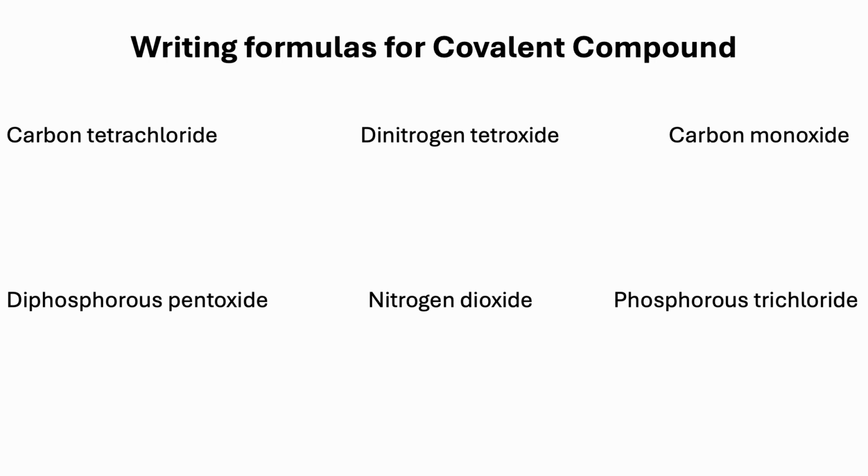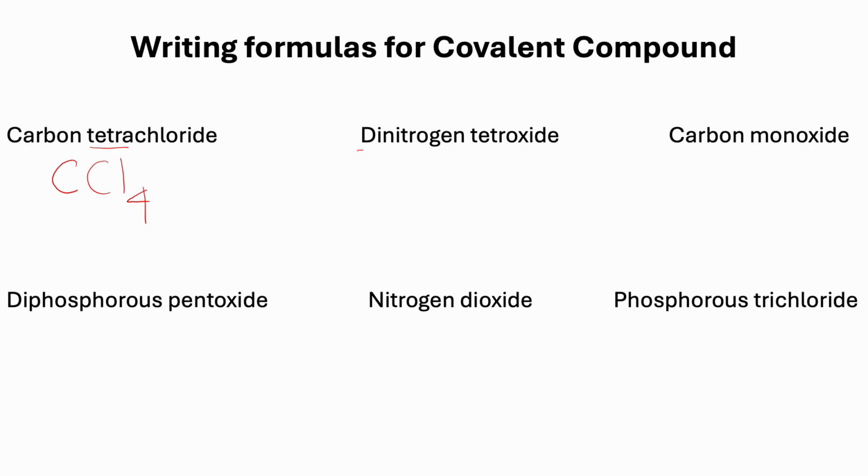Let's look at the first example here, carbon tetrachloride. So carbon is C, tetrachloride, that means there are 4 chlorides. Tetra tells you there are 4 chlorides, so CCl4. Dinitrogen tetroxide.